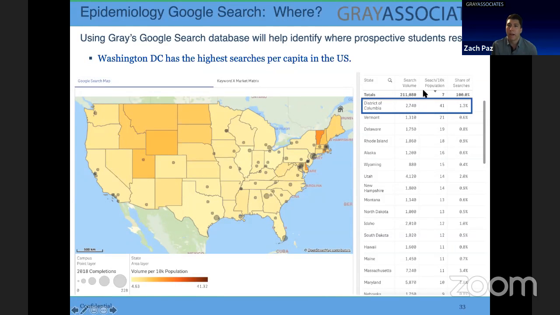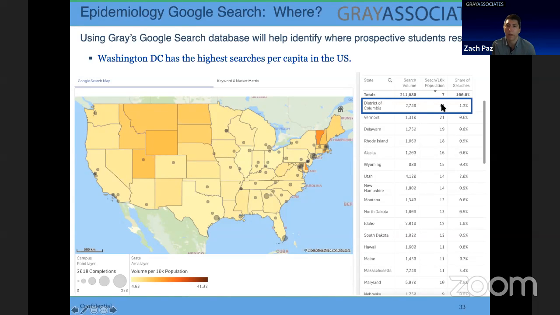One thing we found is that Washington, DC has a very high searches per capita, almost 41. So we're going to switch from looking at New York to looking at Washington, DC. In Washington, DC, there were 2,740 searches in the last 12 months.